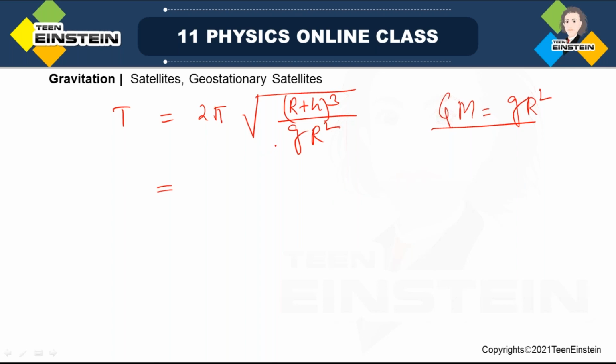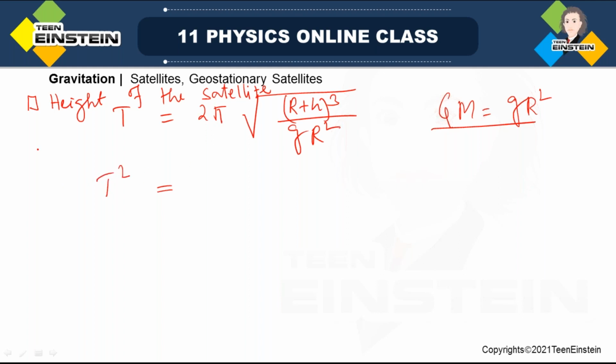Now look, if we want to calculate the height of the satellite, let us find out the height of the satellite. In this equation we have the height in this expression.